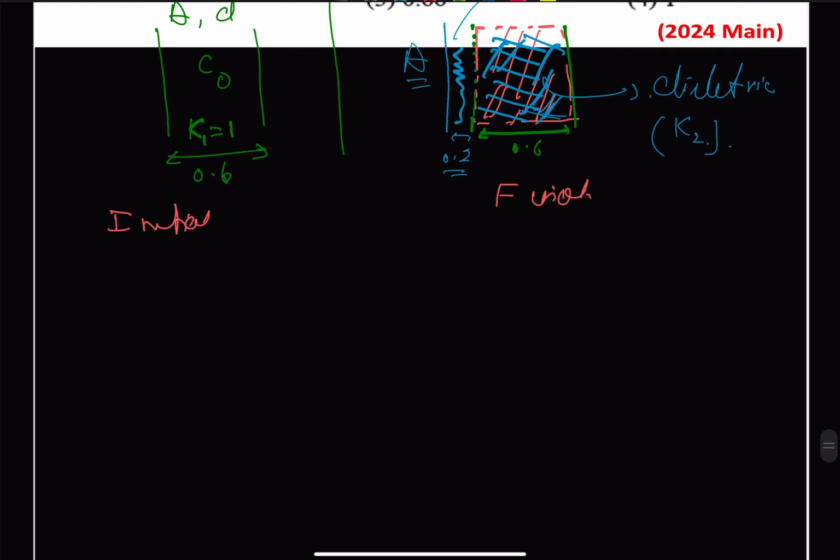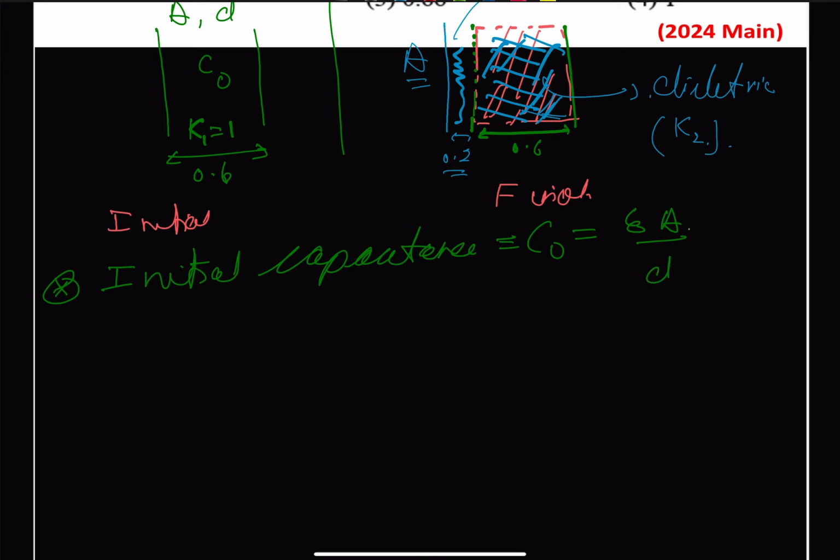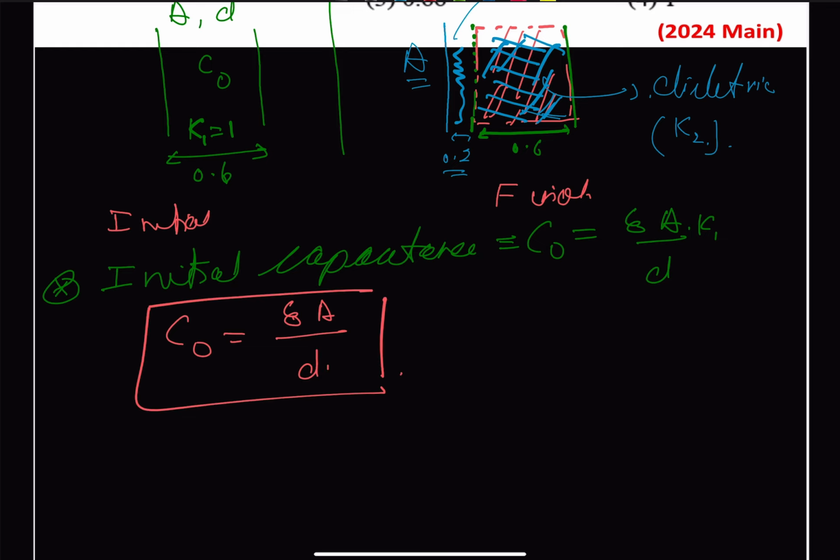So the initial capacitance C naught will be equal to epsilon naught A upon D multiplied by K1, where K1 is 1 because of the air. So I can say my C naught will be equal to epsilon naught A divided by D. And in the final condition, we have two dielectrics.